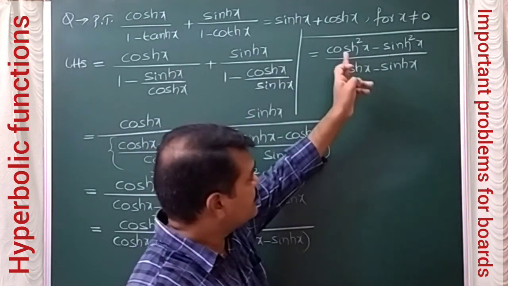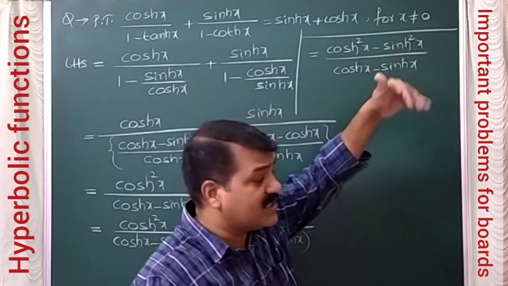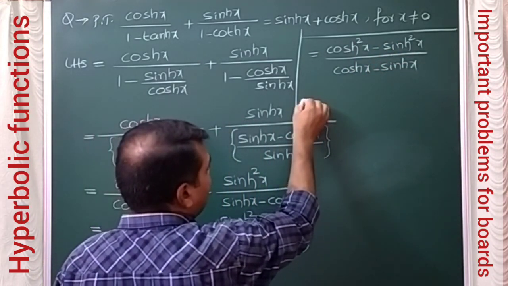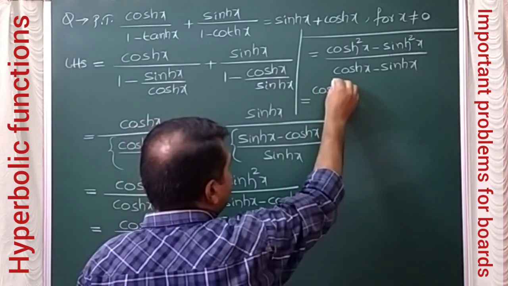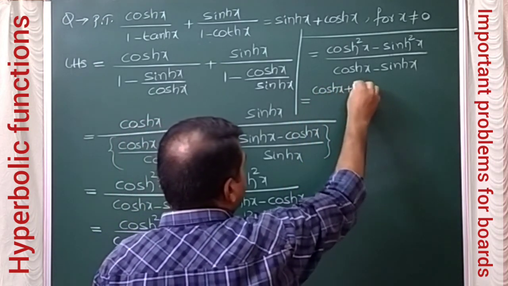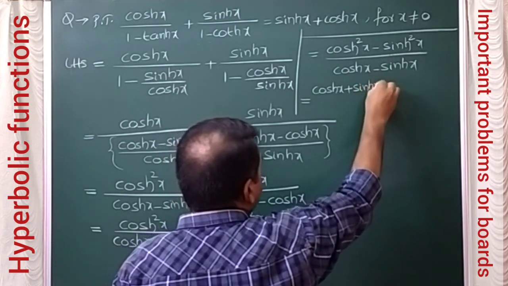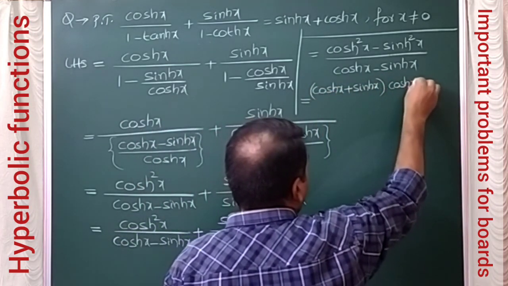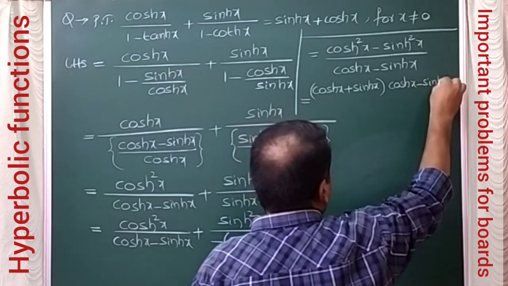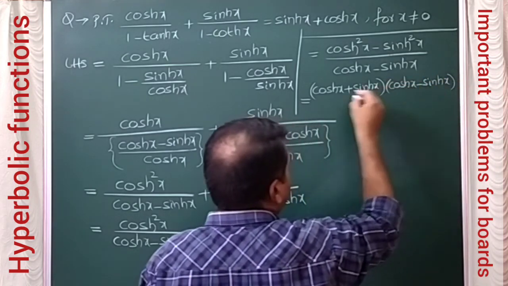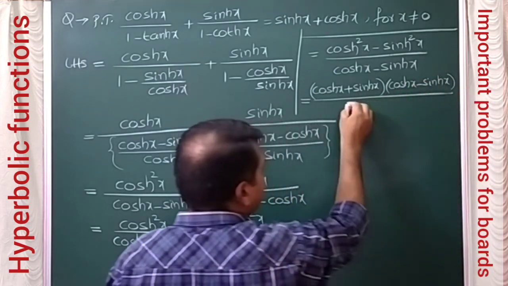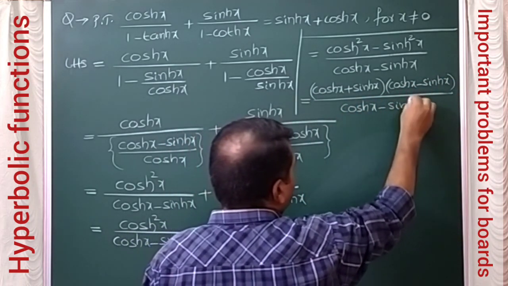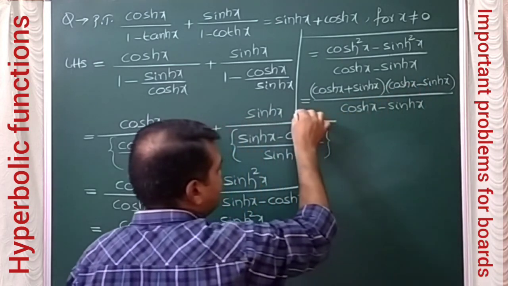So a square minus b square means we can write as a minus b into a plus b, no? So we can write the numerator as cos hx plus sin hx into cos hx minus sin hx. Denominator keep as it is, cos hx minus sin hx.